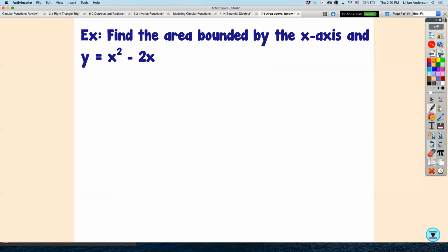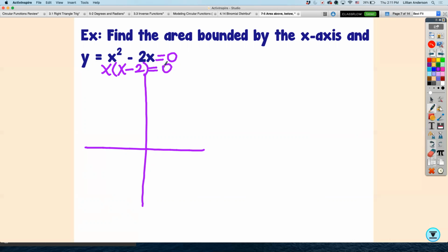You can find your x-intercepts of your quadratic. How? So I have to set the function equal to 0. If I do that, I can factor. What's the first thing you look for when you factor? GCF. So this becomes x times x minus 2.